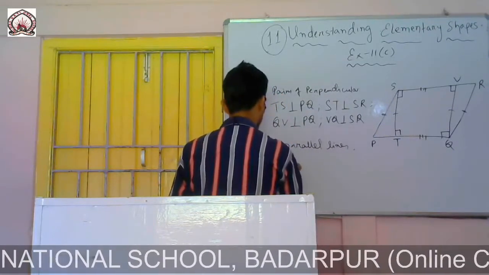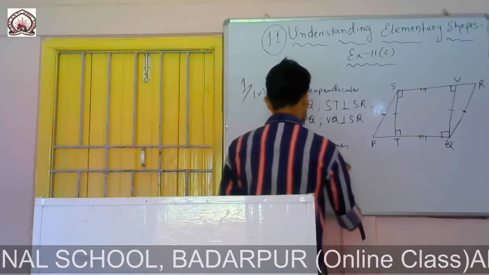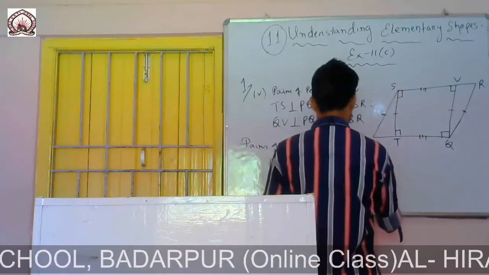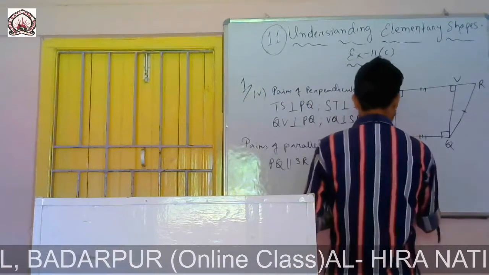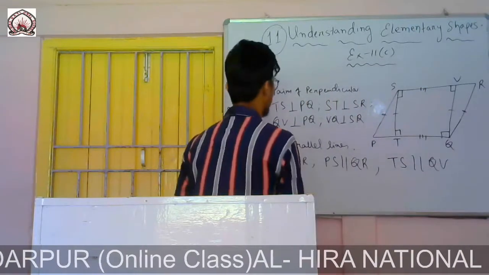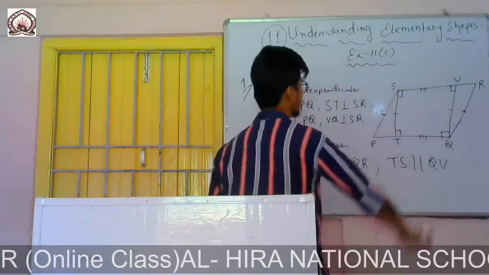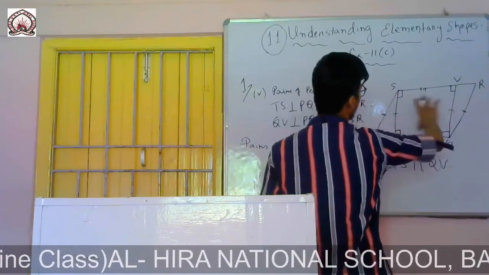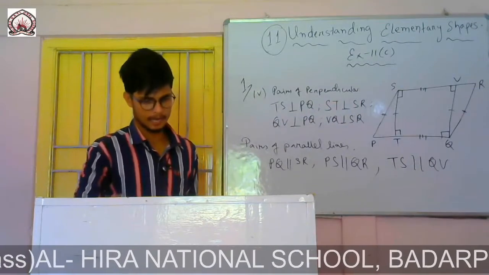So we can write PQ parallel to SR, then PS parallel to QR, and the last one TS parallel to QV. So these are the three pairs of parallel lines.